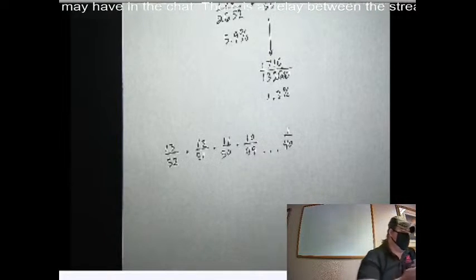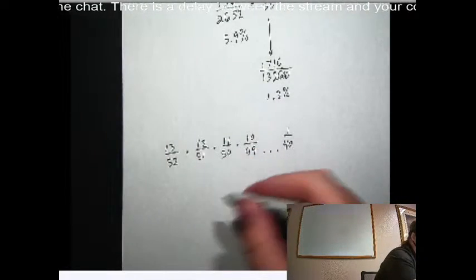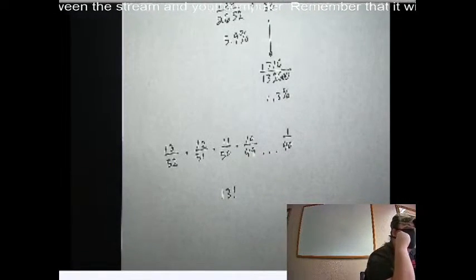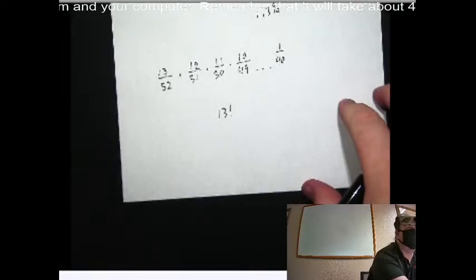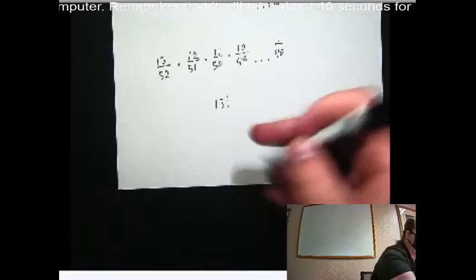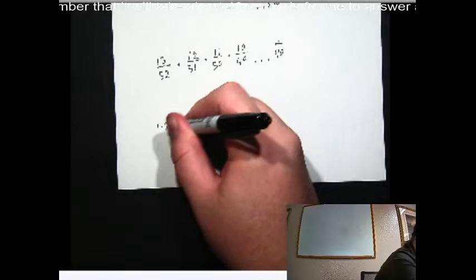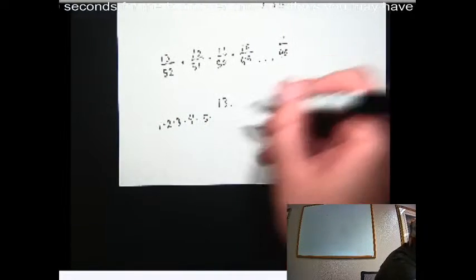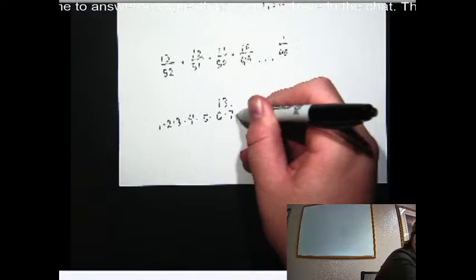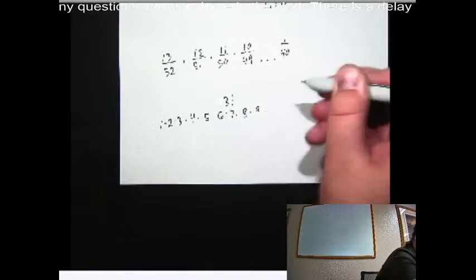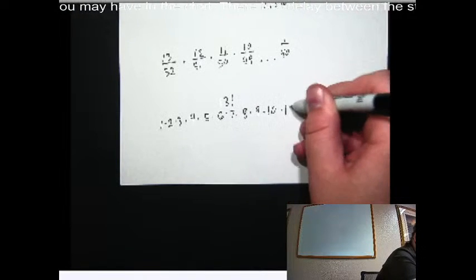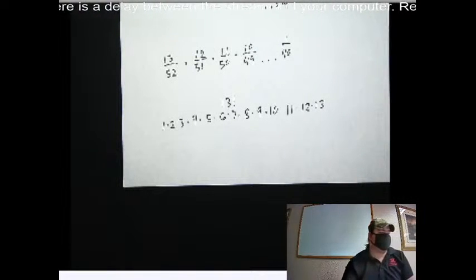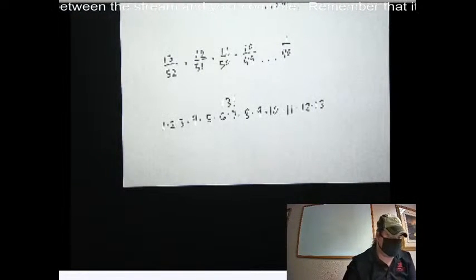So for instance, the top here would be 13 factorial. Say 13 with an exclamation point next to it. So this represents 1 times 2 times 3 times 4 times 5 times 6 times 7 times 8 times 9 times 10 times 11 times 12 times 13. Okay? In fact, let's see what that is.